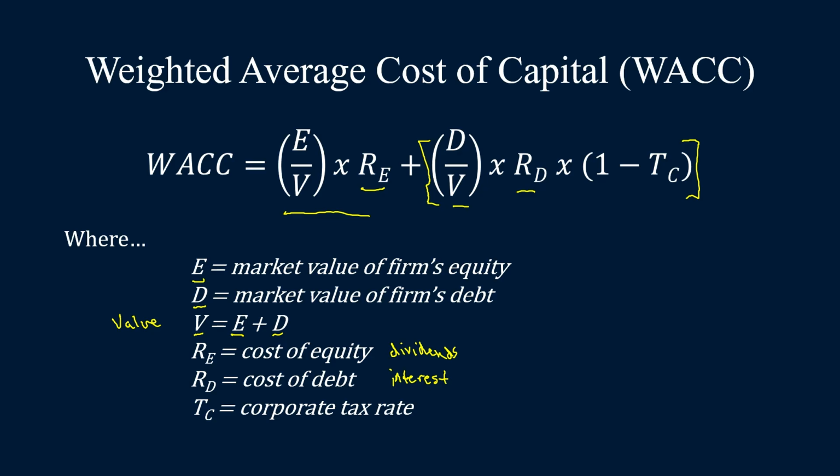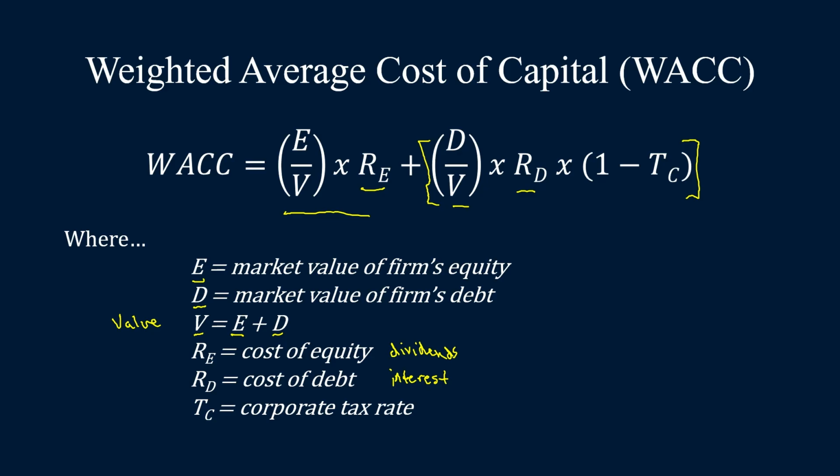All right, now what is weighted average cost of capital? Well, it's a way of looking at a company that you might be interested in investing in, and you want to find out how much is their cost of capital? How much do they have to pay in order to continue their business, to continue operations?